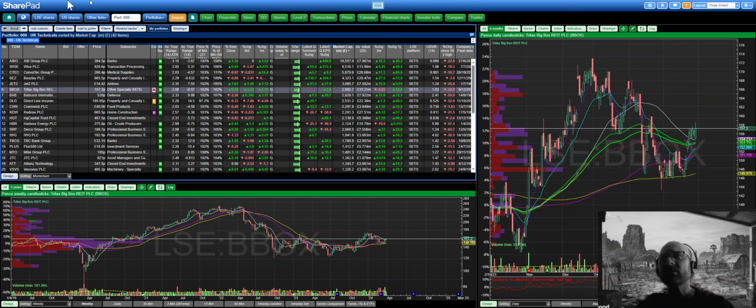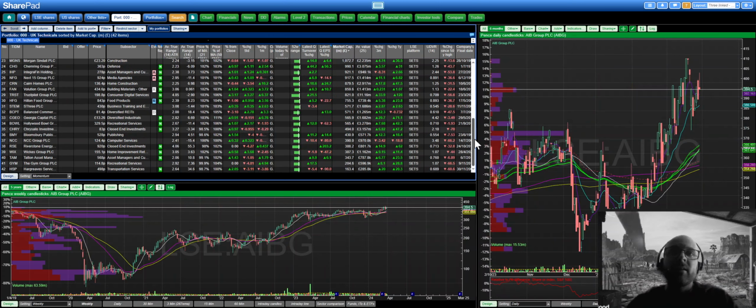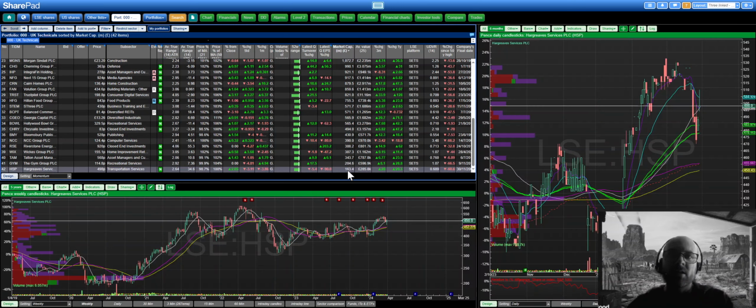Okay, so these are the data points that I've got. I've filtered this by market cap, and you can see a pretty big range here. From the top, we've got AIB Group at 10.5 billion, right down to Hargreaves Services, at 163 million pound market cap.